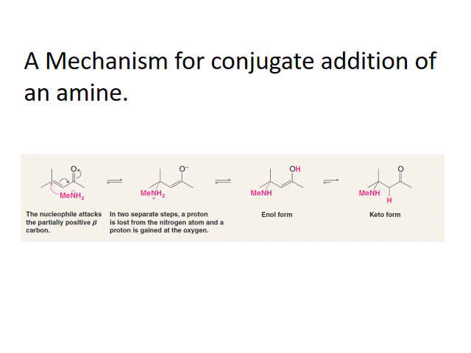This transformation takes place in two separate steps. A proton is lost from the nitrogen atom and a proton is gained at the oxygen to form the enol form. Then the enol form transforms in equilibrium to the keto form. We noted that always here the keto form is the major product.